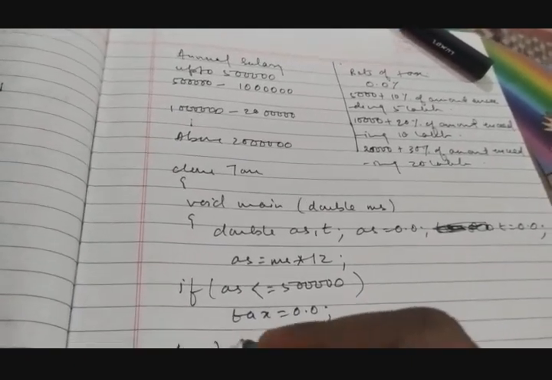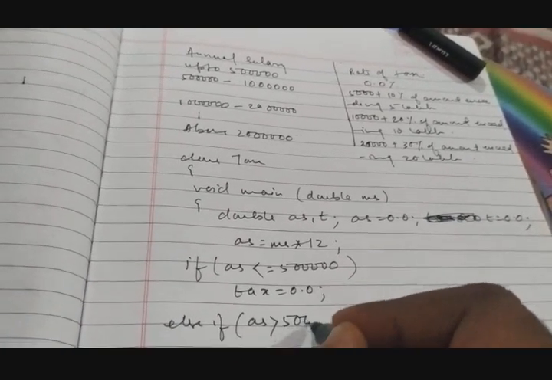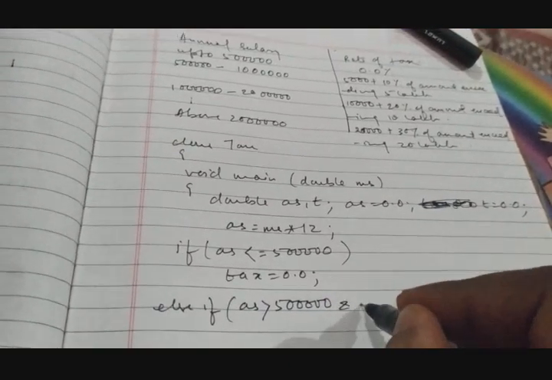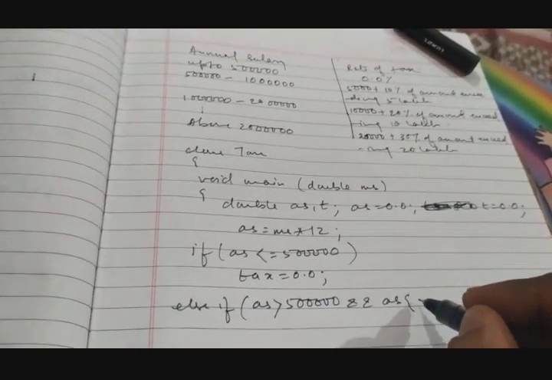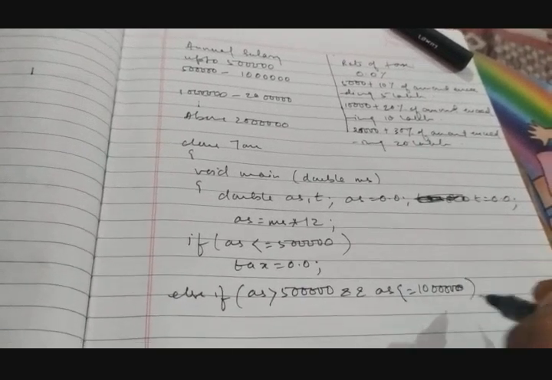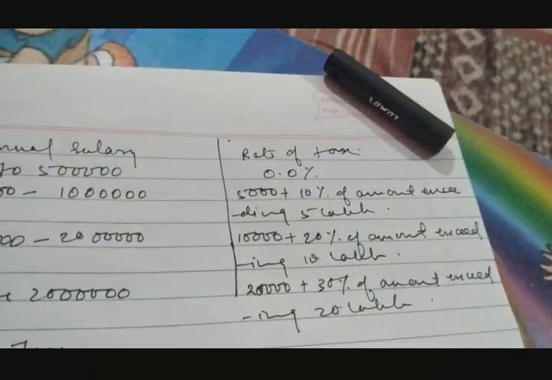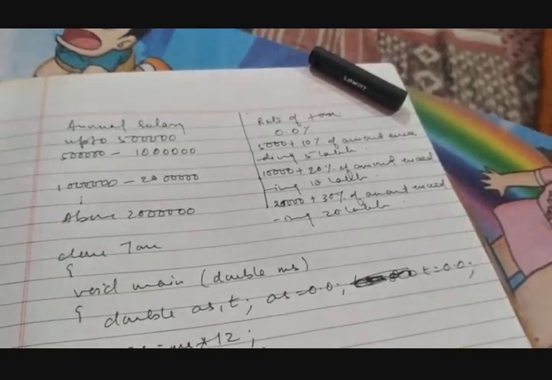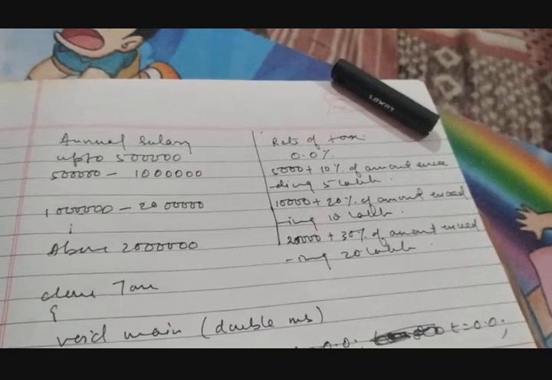Else if annual salary is more than 5 lakh, and then up to 10 lakh. So what is the tax? 5,000 plus, you have to anyhow give the 5,000, plus tax 10% of amount exceeding 5 lakh.